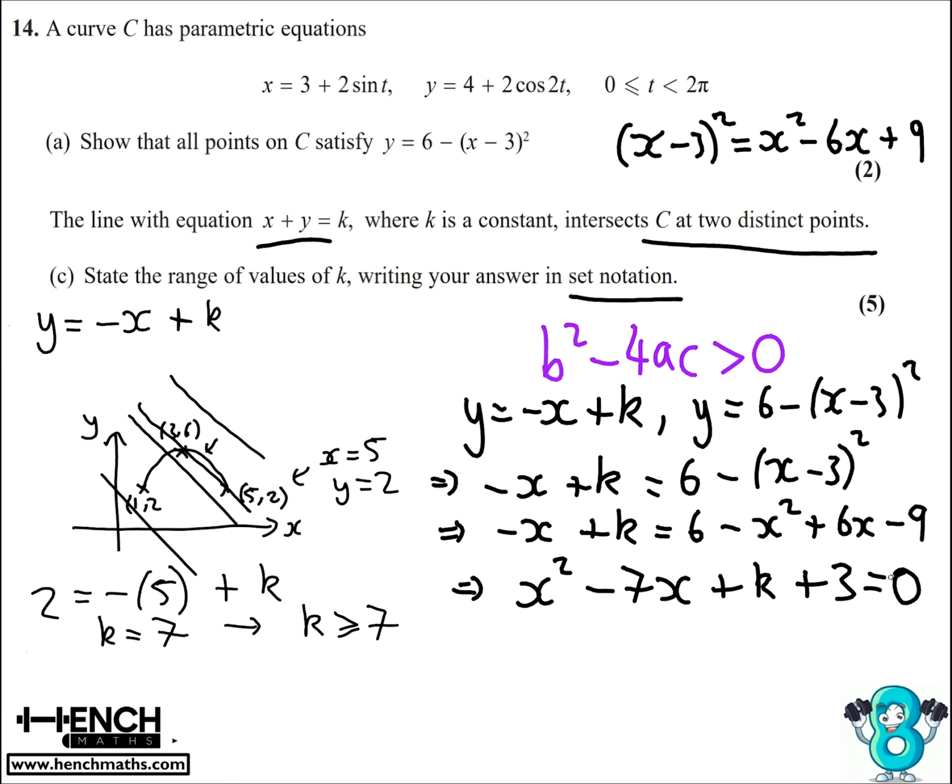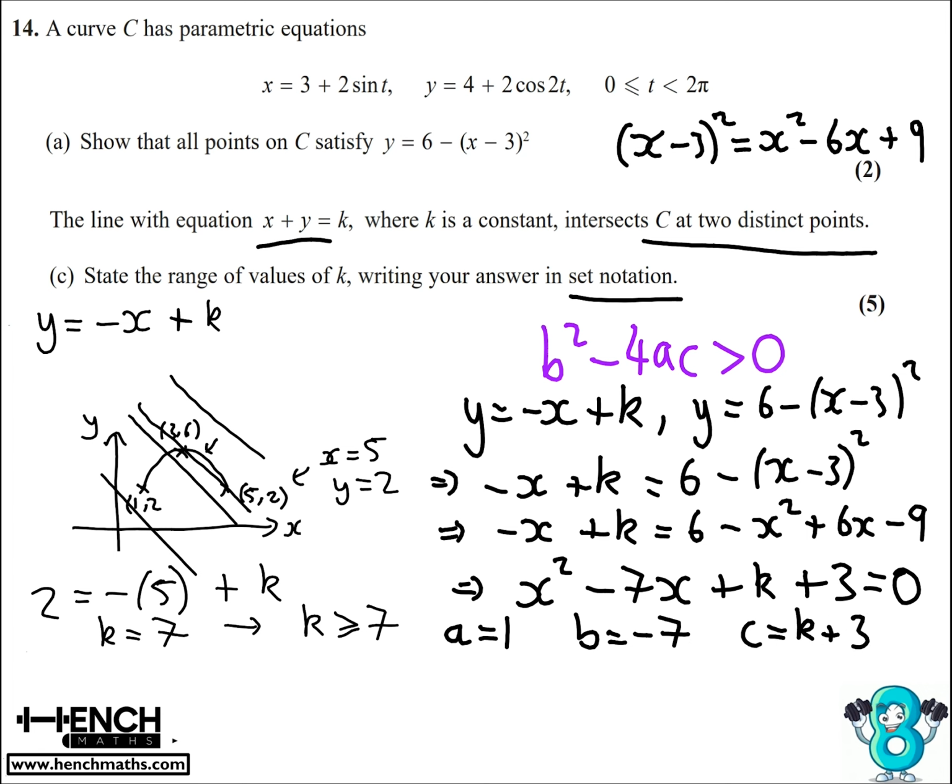Now for this equation, the discriminant should be larger than 0 for this to get two solutions. So what I like to do is just label, so my a is 1, my b is negative 7, and my c here is going to be k plus 3.